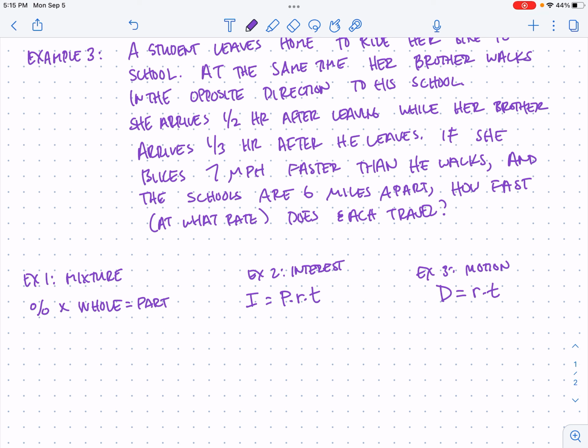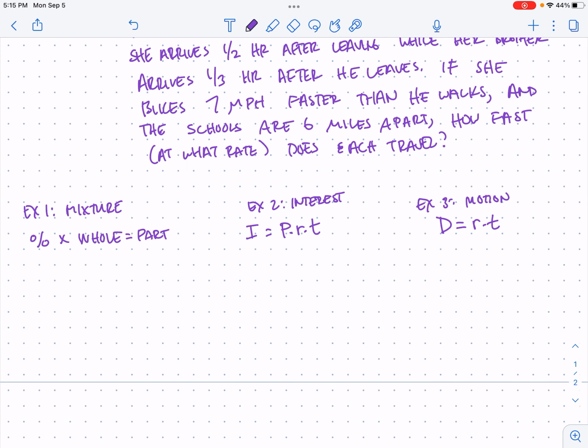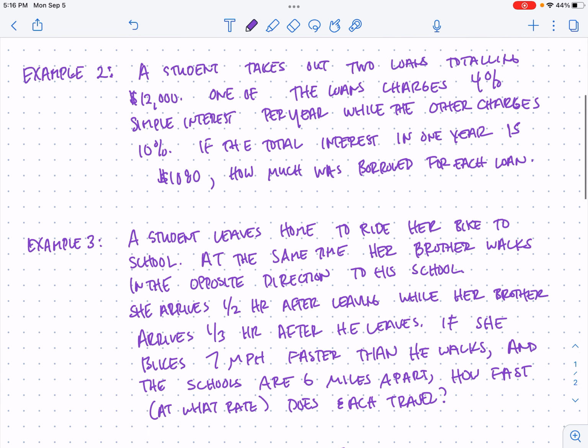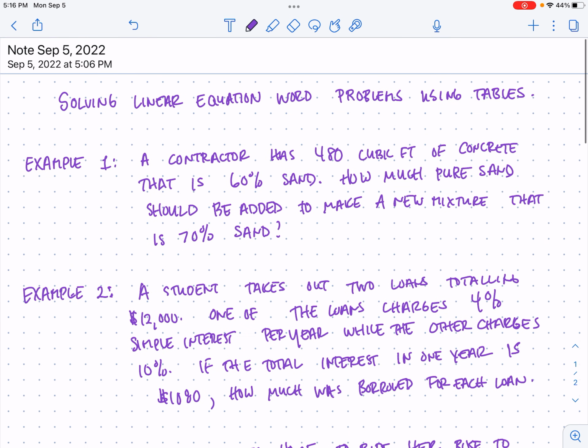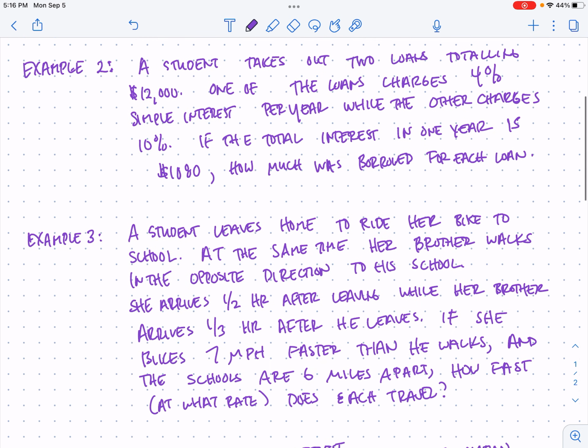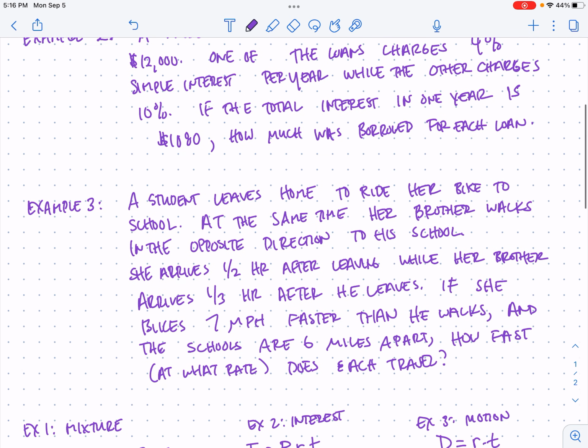So in each of these, we have a multiplicative formula, and we're going to use that multiplication to set up a table. Notice also in each of these problems, we have 2 things being combined in some way. In the first, we have a 60% sand mixture and a 100% sand mixture. In the second, we have 2 different loans being mixed together to make interest. In the last, we have 2 different people walking.